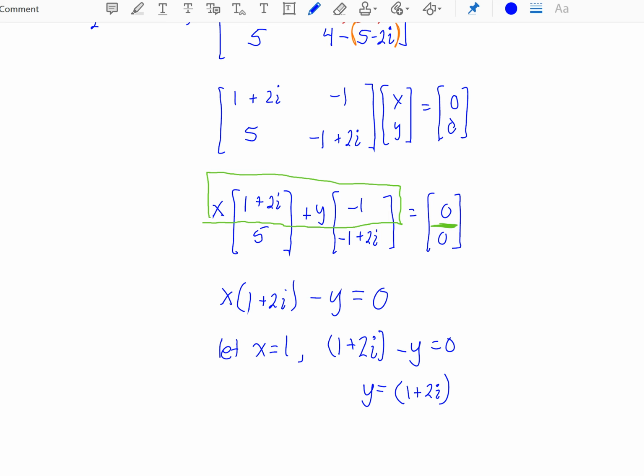And this gives us the eigenvector x that is 1 and 1 plus 2i. Remember, this is only one of the infinite number of eigenvectors that will work. We got this one by letting x equal 1. We could have let x be a different value, and we would have gotten a different eigenvector, but it would have been a multiple of this one.